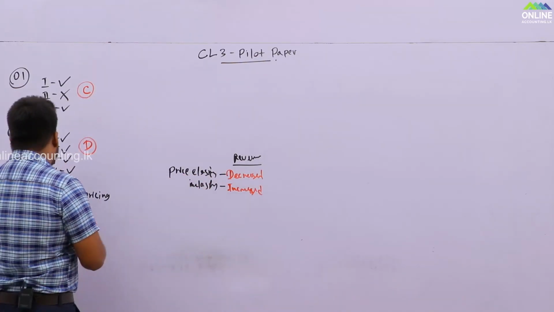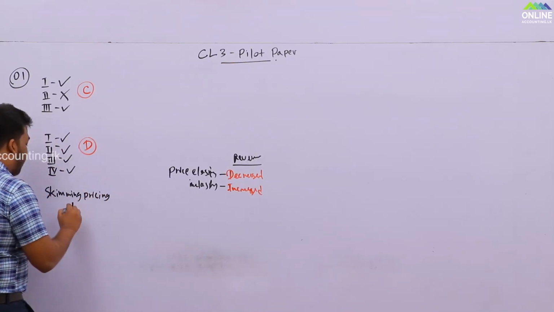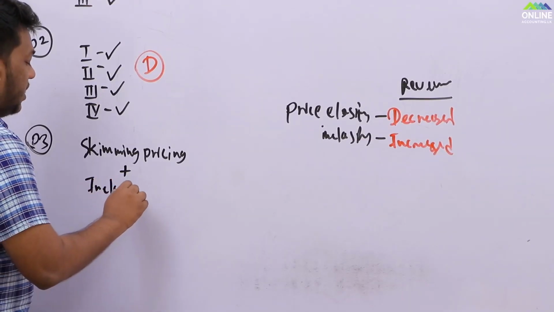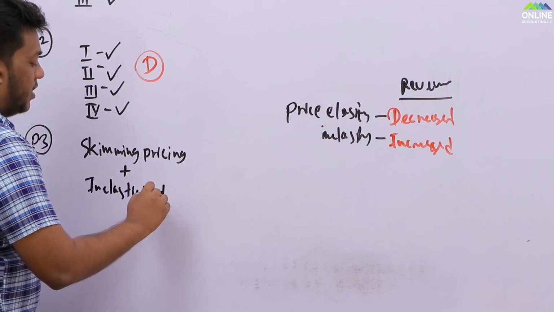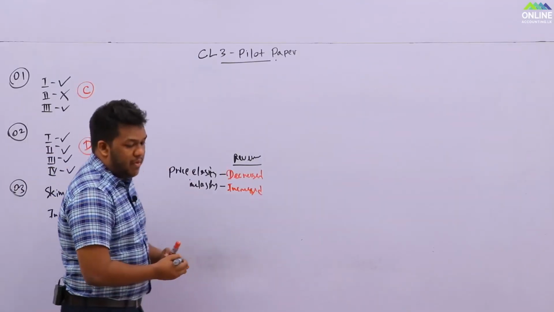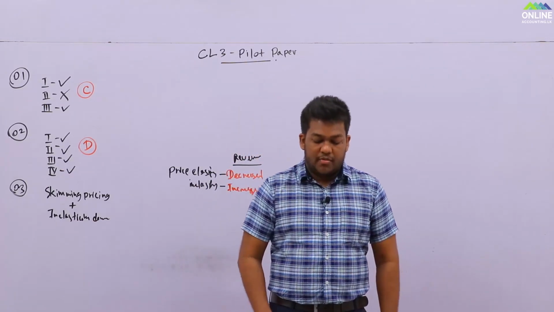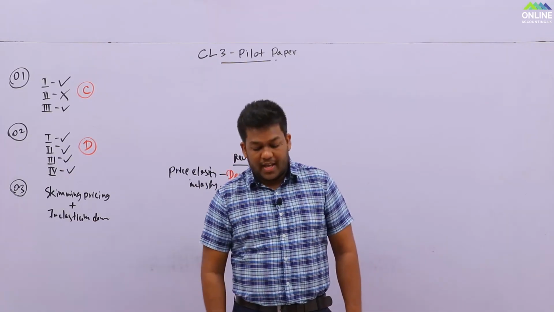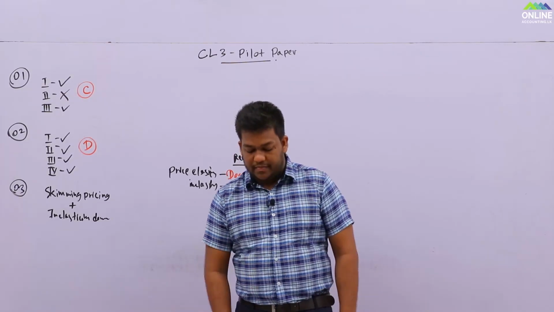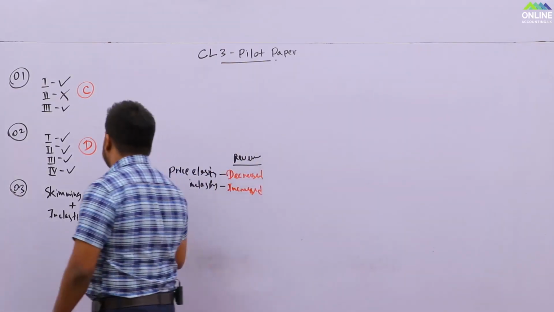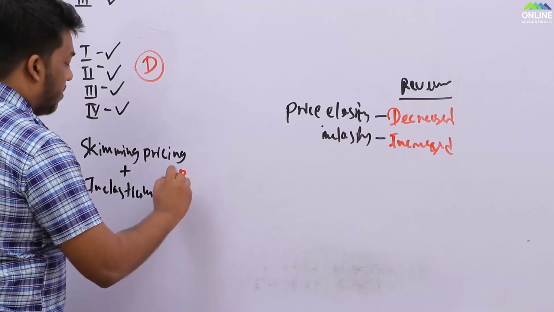So with skimming pricing, what you have to follow is inelastic demand. So a price skimming strategy to exploit price inelasticity. So that is answer B. Answer is B.